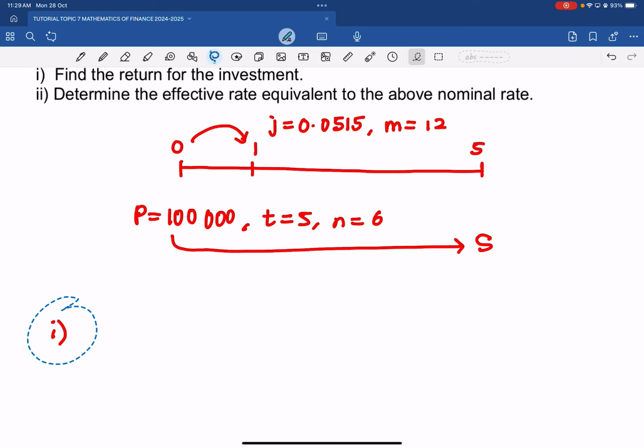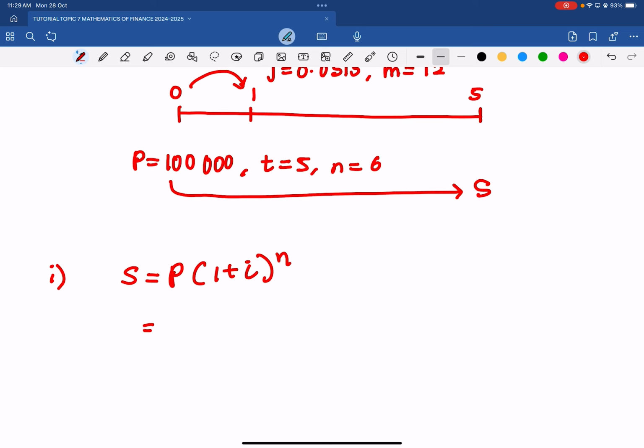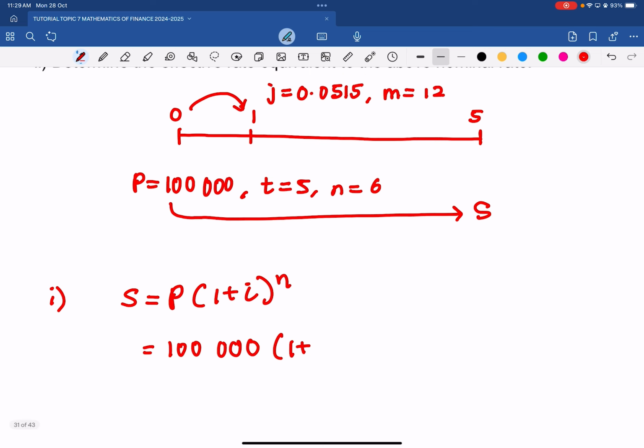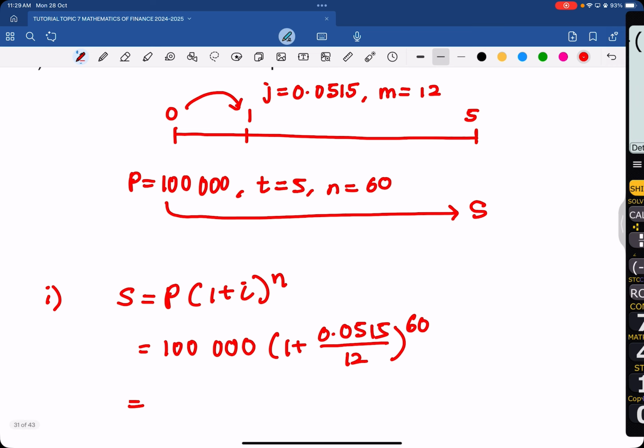The formula is future value for compound: S equals P(1 plus I) power N. So we have 100,000 times 1 plus I, which is J over M, 0.0515 divided by 12, power 60.